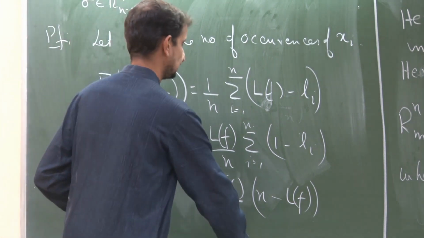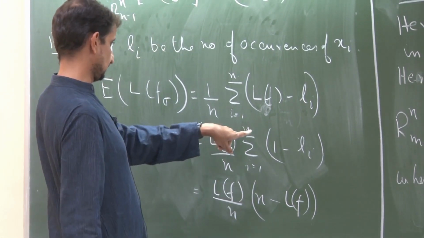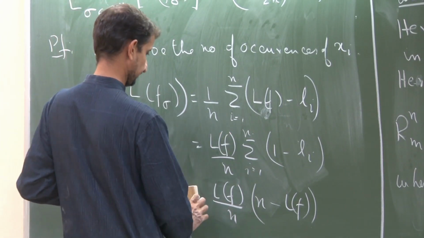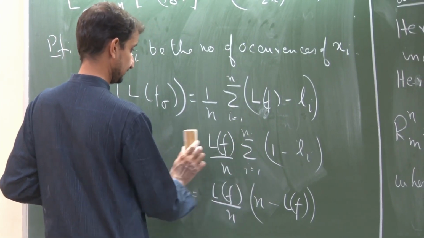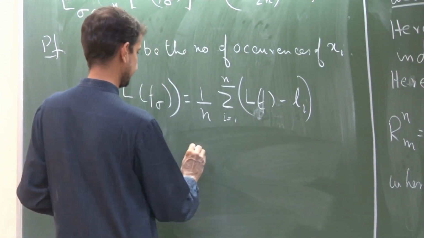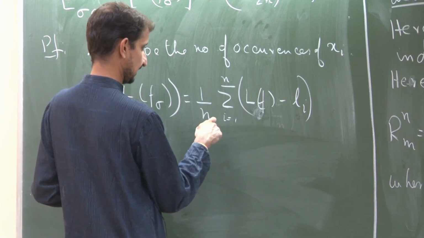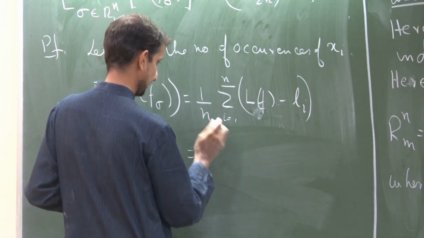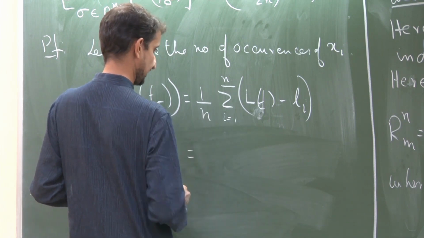Oh no. So, yeah, this was not correct. I cannot take it like that. If I take this outside, it would be n times LF. So, I have this 1 by n outside.